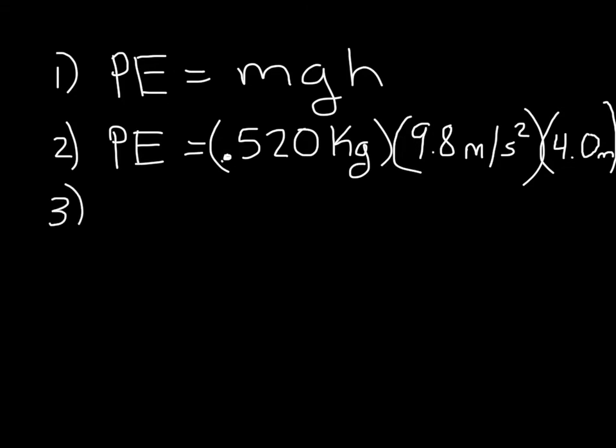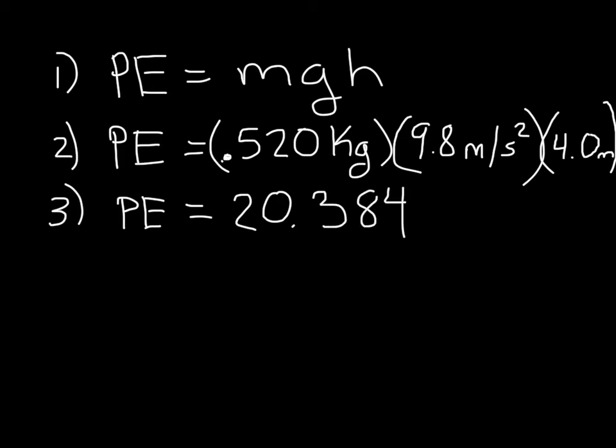Third step, plug those numbers into your calculator. You're just multiplying straight across. When you do that, you're going to get 20.384. And now you got to look at the units, which is a little bit tricky because you're probably not used to multiplying units, right? So when you multiply a bunch of letters times each other, the only letters that are going to change are going to be the ones that are doubled up.